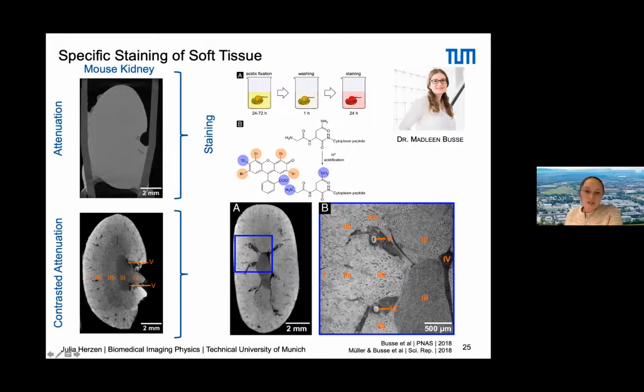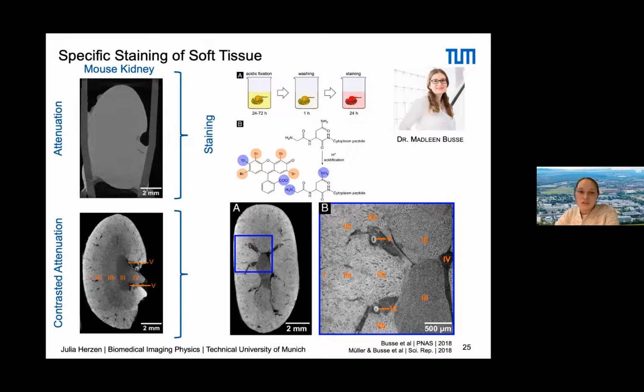With that, she gets this mouse kidney stained specifically, really highlighting the cytoplasm of the cells, such that you see a very nice resolution. Of course you can generate such contrast also with other agents like iodine, but this is a specific one, and this is just the beginning.